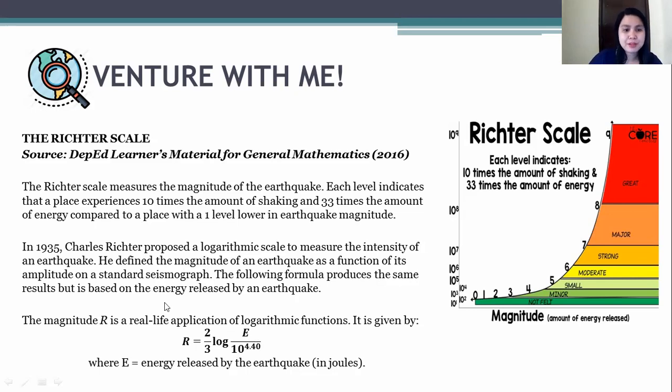And here's the formula in solving for the magnitude of the earthquake. That's 2/3 log of E, where E is the energy of the earthquake released in joules, over 10 to the power of 4.40. The answer to that will be the magnitude of the earthquake. We'll have more of that during the problem solving.